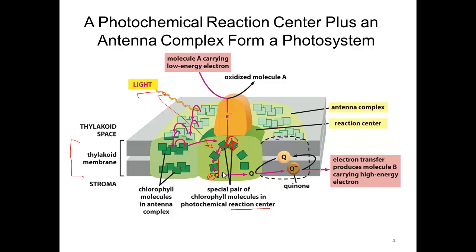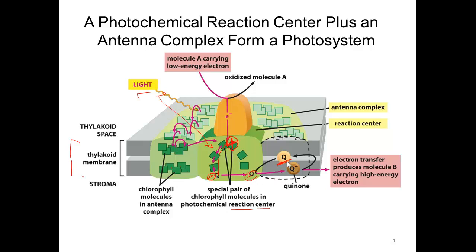Moving opposite charges further away from each other requires energy. It is energy that you could get back if you let those charges go. They would recombine because of their attraction to each other. So what the reaction center is going to try and do, as it builds up electrons at this quinone and at this quinone, is remove these electrons on these quinone molecules, like we saw in oxidative phosphorylation, before they can recombine.